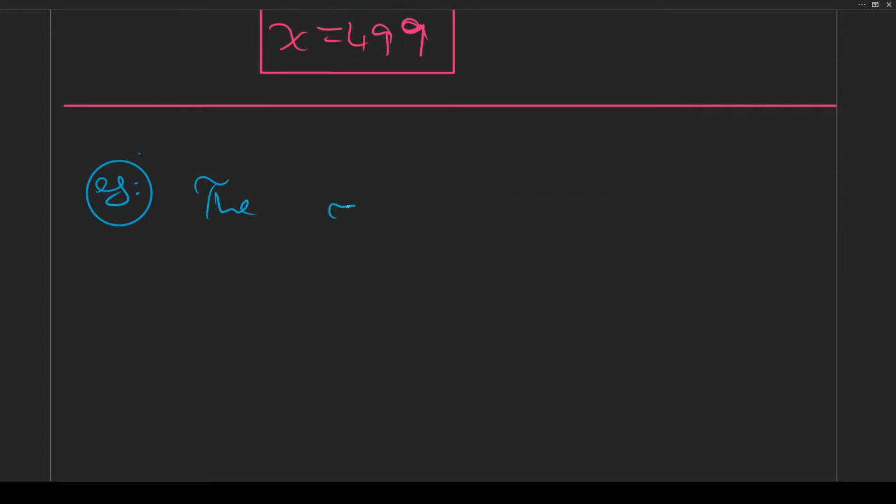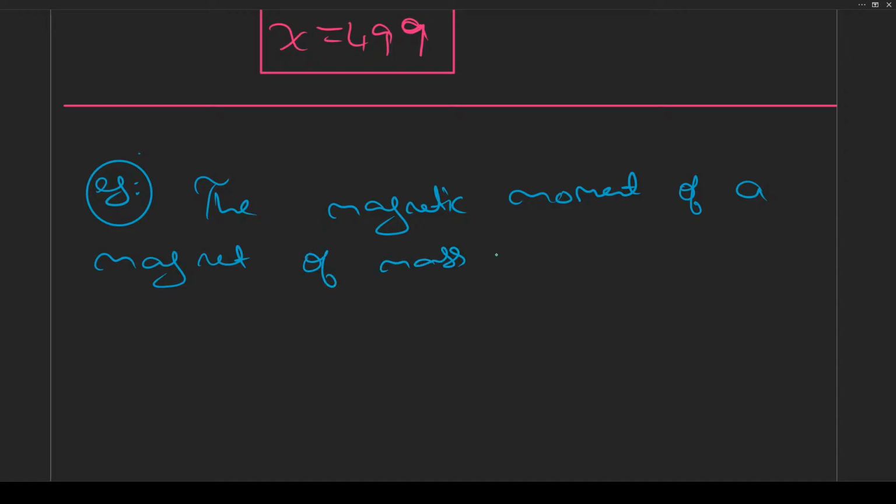The magnetic moment of a magnet of mass 75 gram is 9 into 10 power minus 7 ampere meter square.